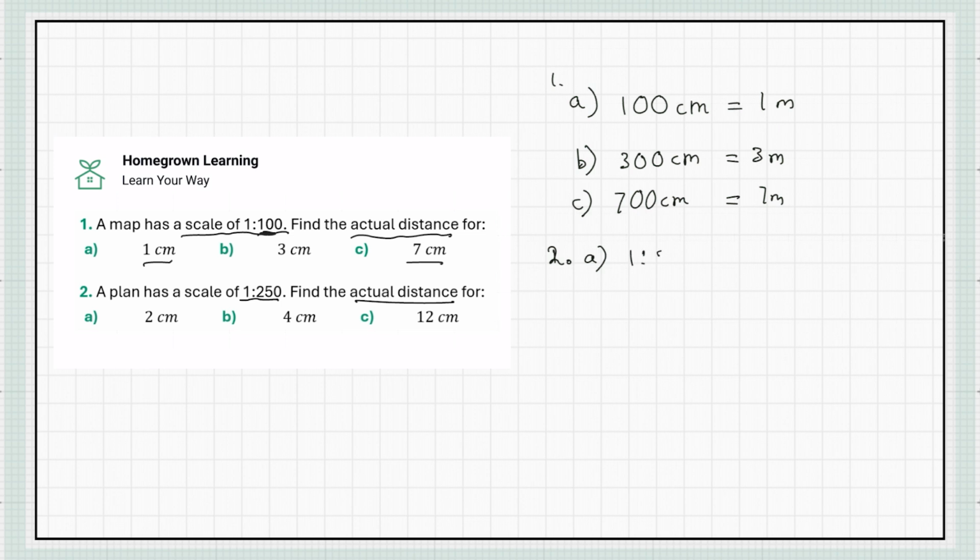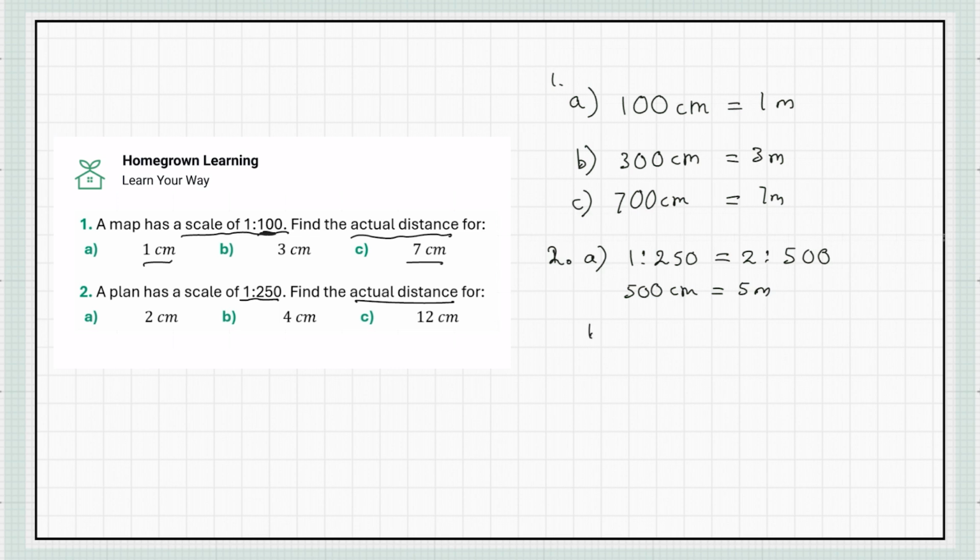So 1 to 250 is equal to 2 to what? In order to go from 1 to 2, I've multiplied by 2, so I do the exact same to the 250. 2 to 500, so that actually equals 500 centimeters, which is equal to 5 meters.